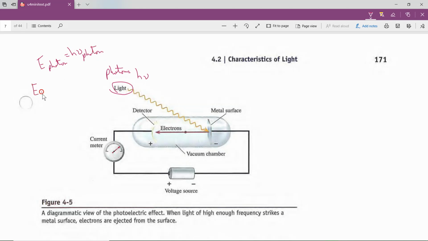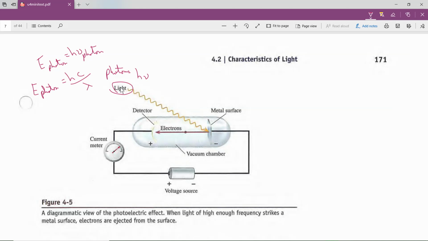You can also write that as the energy of a photon equals hc over lambda, because nu equals c over lambda. So the energy of a photon is inversely proportional to the wavelength, because h, which is a constant known as Planck's constant, and c are constants, so the product of them is a constant. So the energy and the wavelength are inversely proportional, whereas the energy and the frequency are directly proportional.